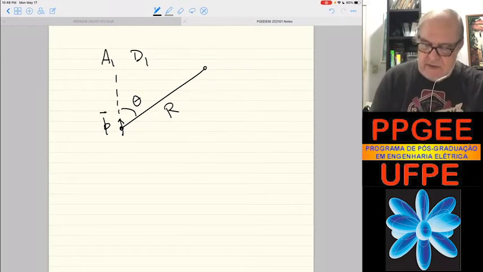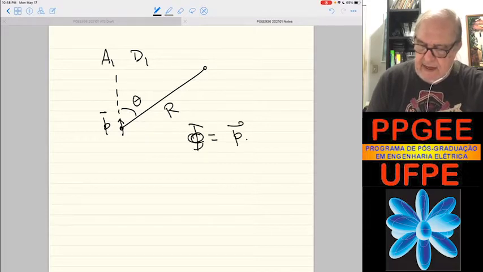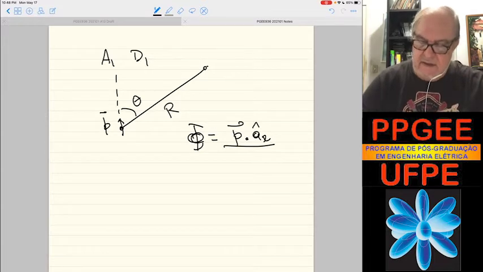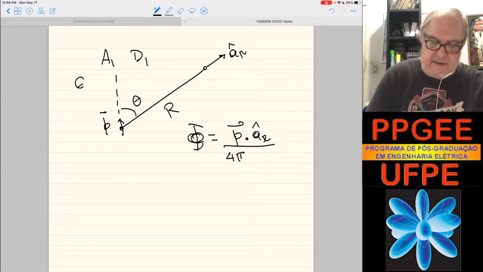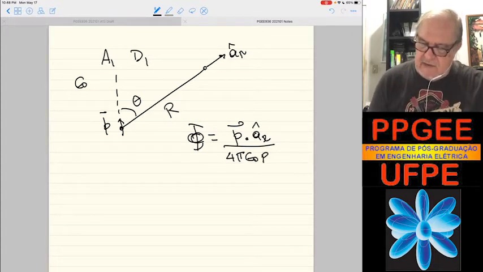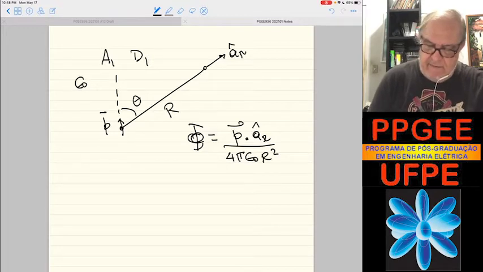It has a potential which is P dot a_r, where a_r is the unit vector, over 4 pi epsilon 0 r squared, and if you break that, the dot product is P cosine theta.